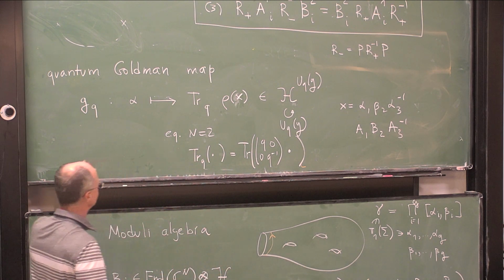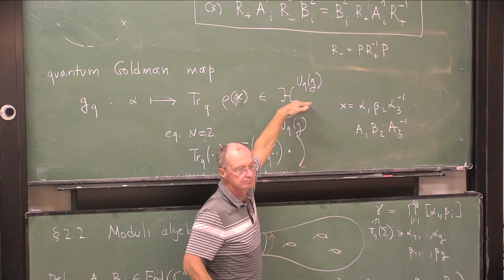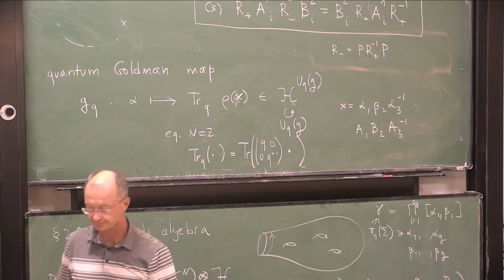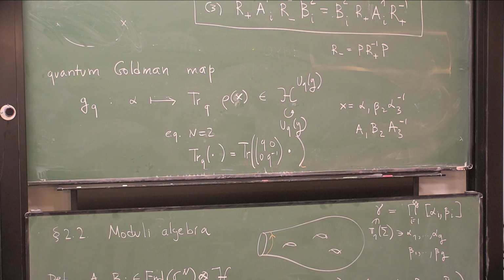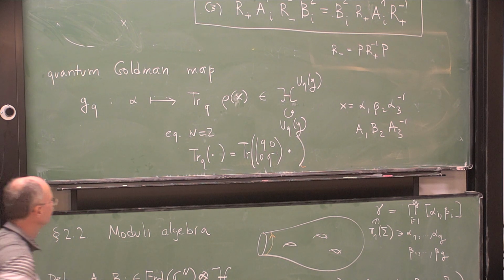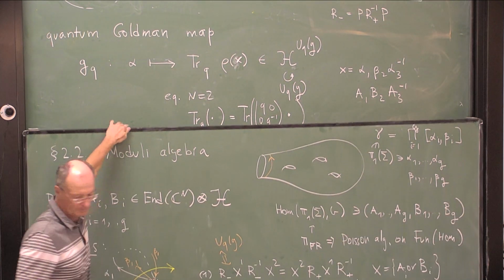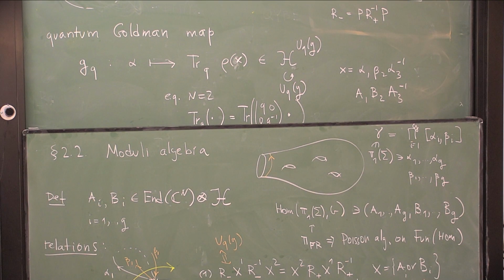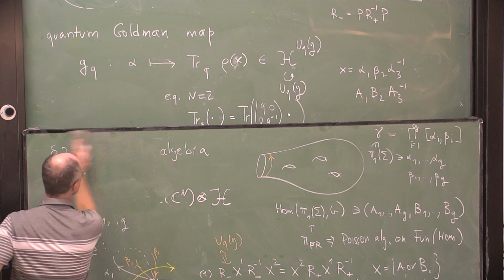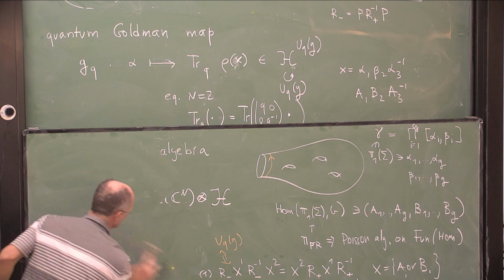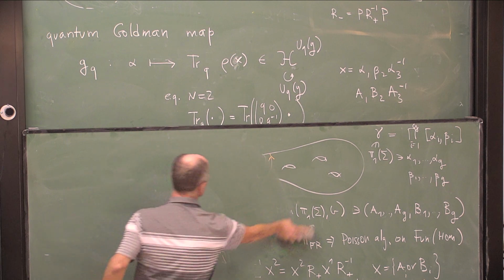So in this way we obtain elements of our invariant subalgebra. Furthermore, similar to what we had before, we have a boundary loop.